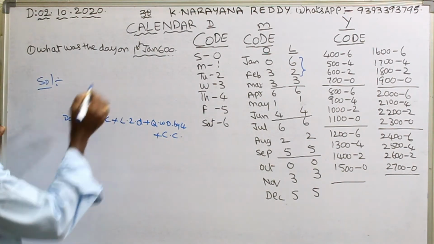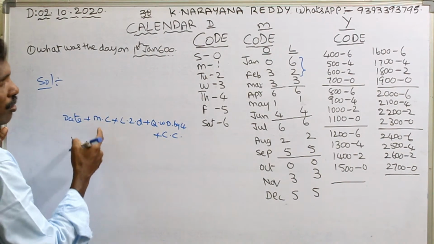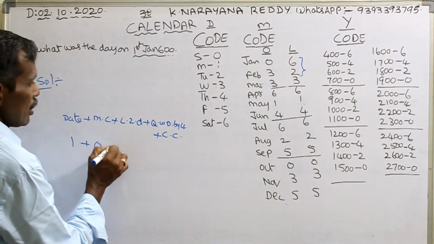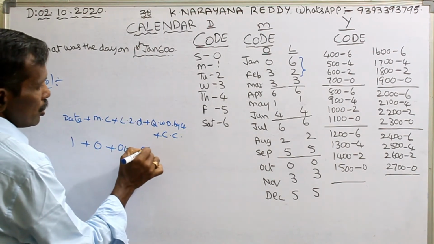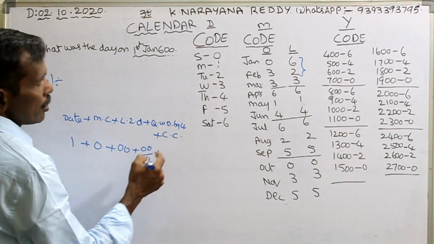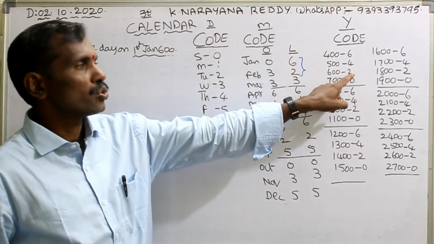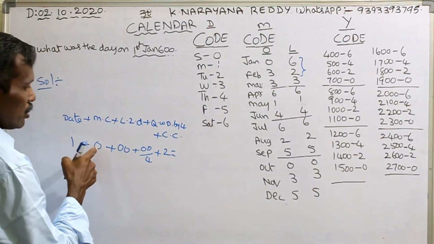Now, what is date? 1st Jan. Month code, Jan code is 0. Here the last 2 digits are 00, 00, divided by 4 is 0, plus century code, 600 code is 2. So 0, 0, 0.